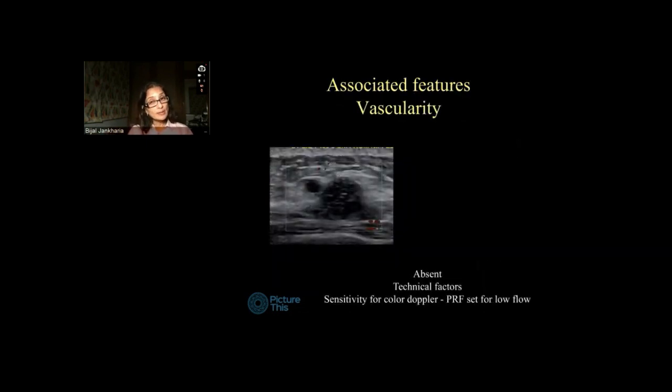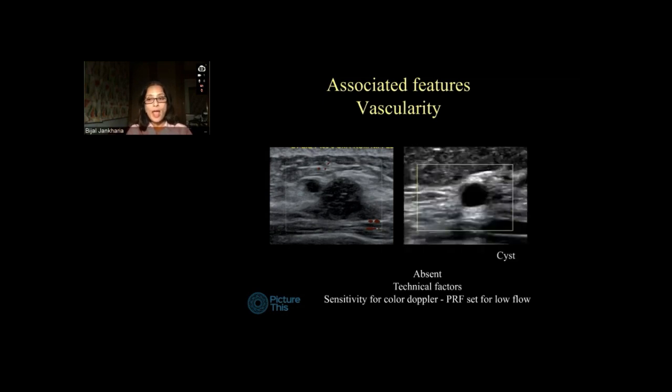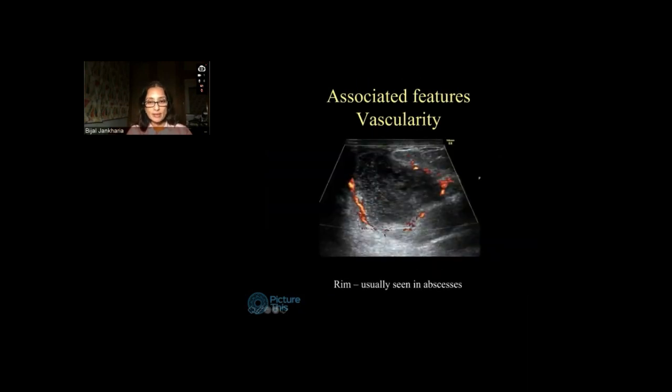Vascularity in a mass is an important thing, especially if it is present. So in this case here, there's absent vascularity. We should get our technical factors set correctly, especially for low flow, and a cyst usually does not show us internal vascularity. If there is rim vascularity, then it is usually benign, like in the case of this abscess.